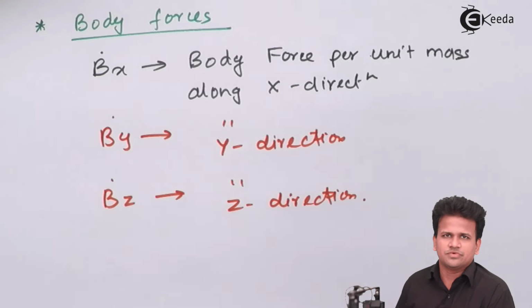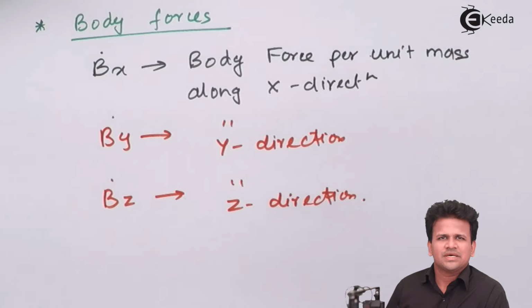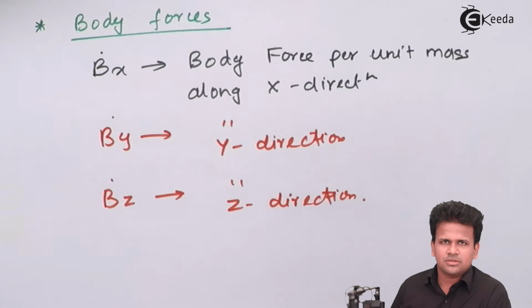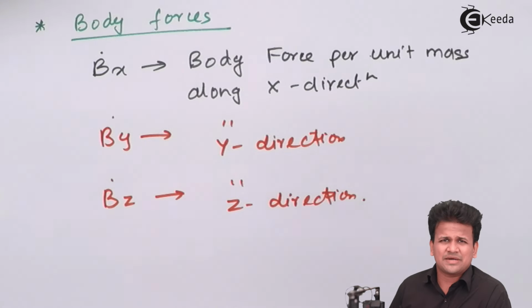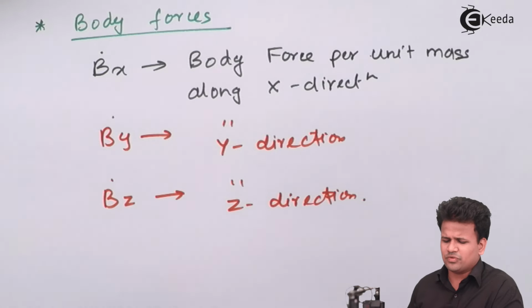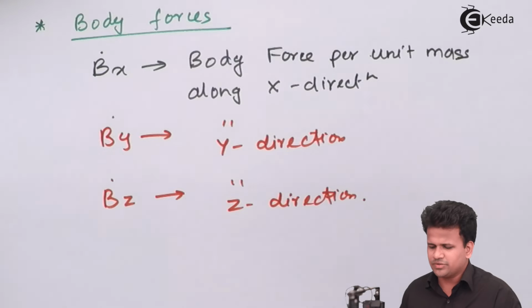Now what are body forces? Body forces generally consist of three forces. First, the gravitational force, which is acting along the y direction. Then the next body force will be the electrostatic force, and then the last kind of force will be the magnetic force, or the nuclear force, which acts between the atoms. All these forces are called body forces, which act on the body.